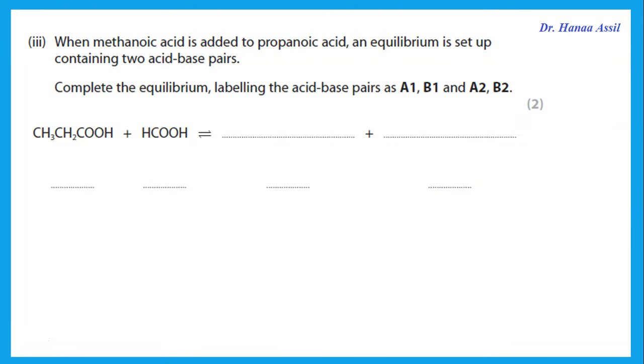When methanoic acid is added to propanoic acid, an equilibrium is set up containing 2 acid-base pairs. Complete the equilibrium to label which of them will act as an acid and change into base, and which one will act as a base and change into acid.